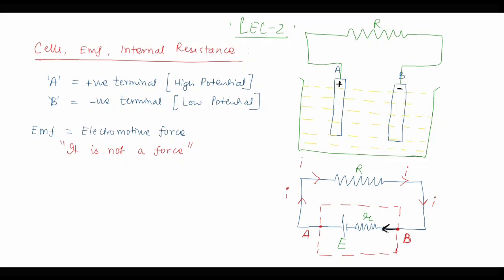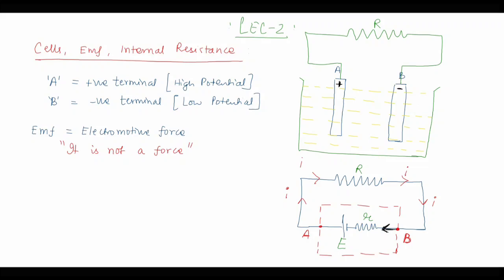When we ask how we define EMF, we say it is defined as the amount of work done, that is work done per unit charge, by the battery in taking a point charge from a point on a conductor and bringing it back to that point.